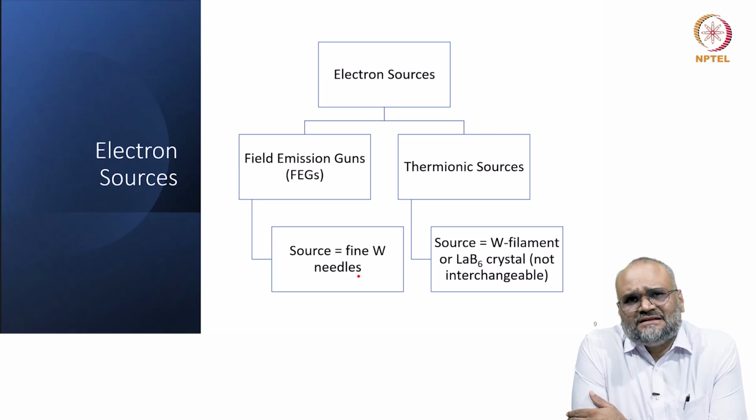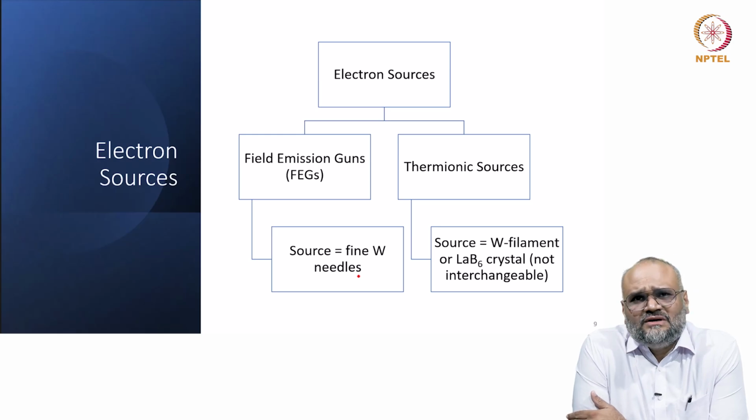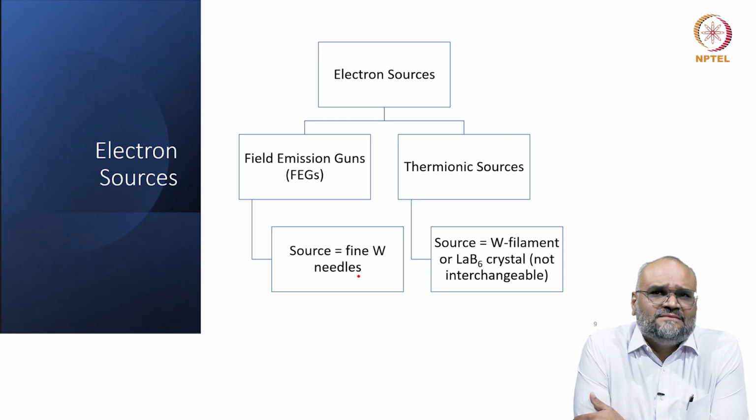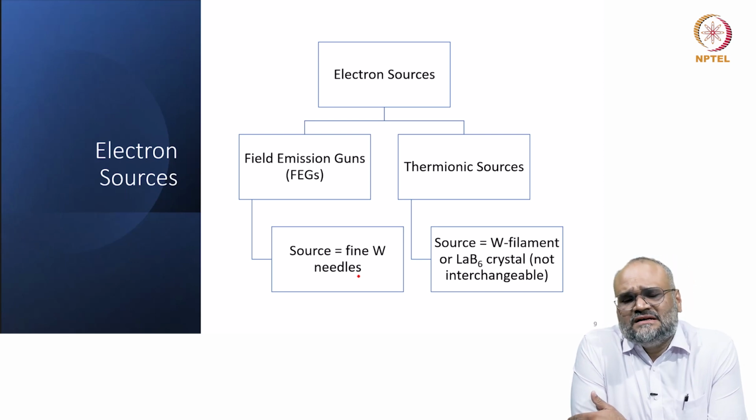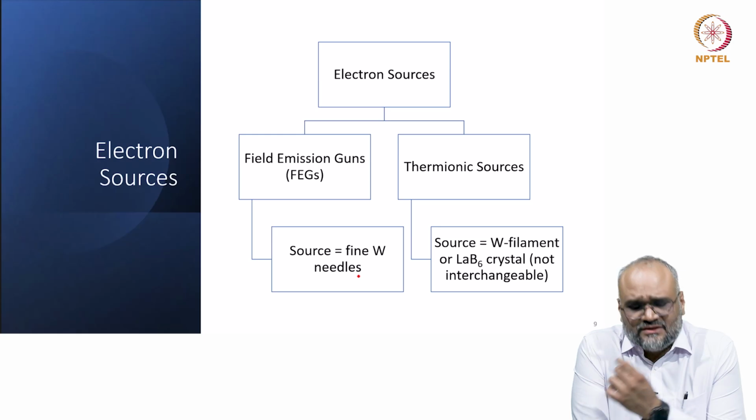Within the field emission guns, you also have the Schottky field emitter or the cold field emitter. Typically, the source in a field emission gun is a tungsten needle, whereas in a thermionic source, you have a tungsten filament on top of which you have a lanthanum hexaboride crystal sitting.